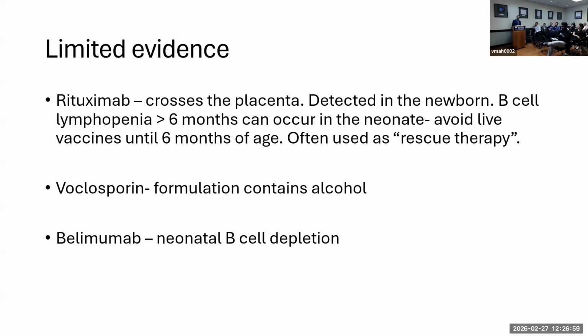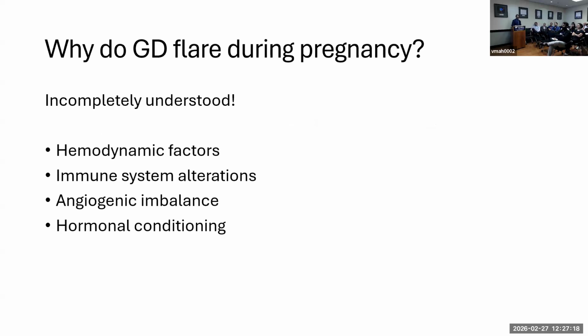Voclosporin, it's not really been looked at, but I think the packaging says to avoid pregnancy because the formulation contains alcohol. And then belimumab, again, not really used. I think there are just case reports, but it's a similar risk to rituximab, where there is a risk of neonatal B-cell depletion.